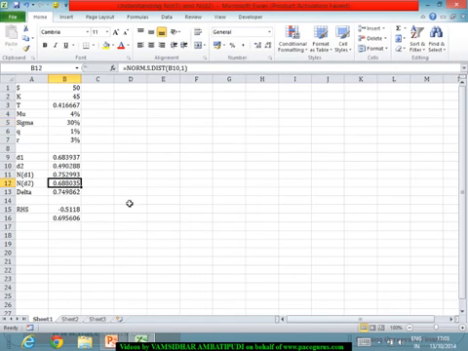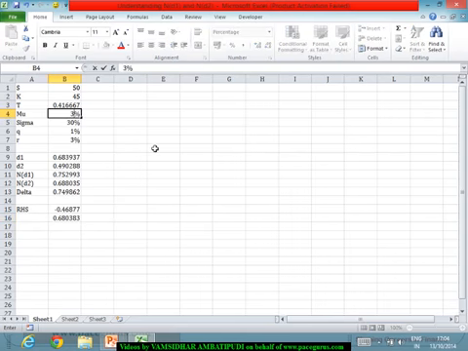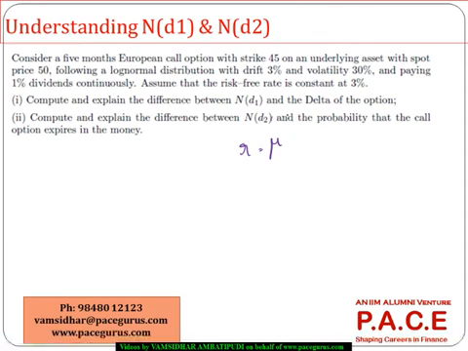What I'll find is N(d2) will still be 0.688, but the probability that the stock will close in the money is 69.56, higher. In case the mu is lesser, I find that N(d2) is still the same, but the probability that the stock will close in the money is going to be much lesser. Only in the scenario where mu is equal to R, N(d2) as well as the probability that the call option expires in the money are one and the same.